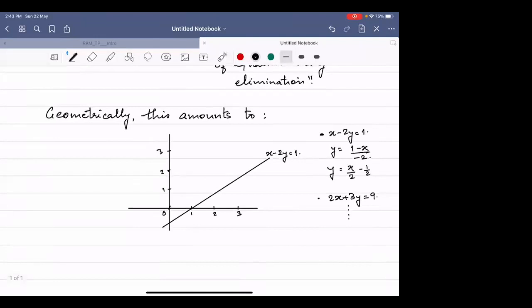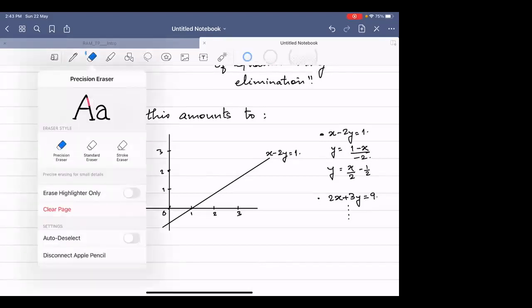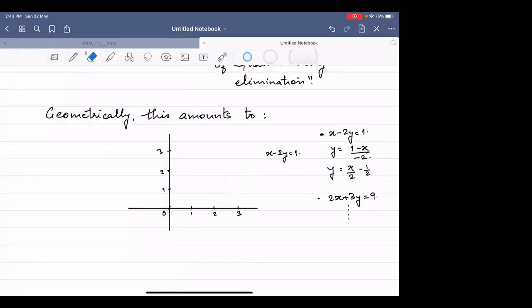The way I drew it here, I don't have 3 comma 1 on that line, so I should just erase this and draw a better picture. I want 3 comma 1. This is on the line x minus 2y equals 1. So now let me just join these two points.